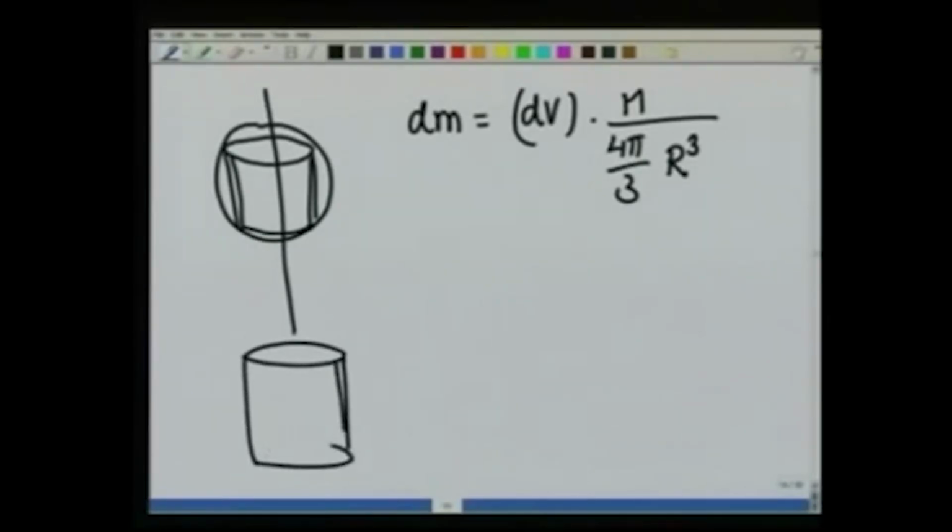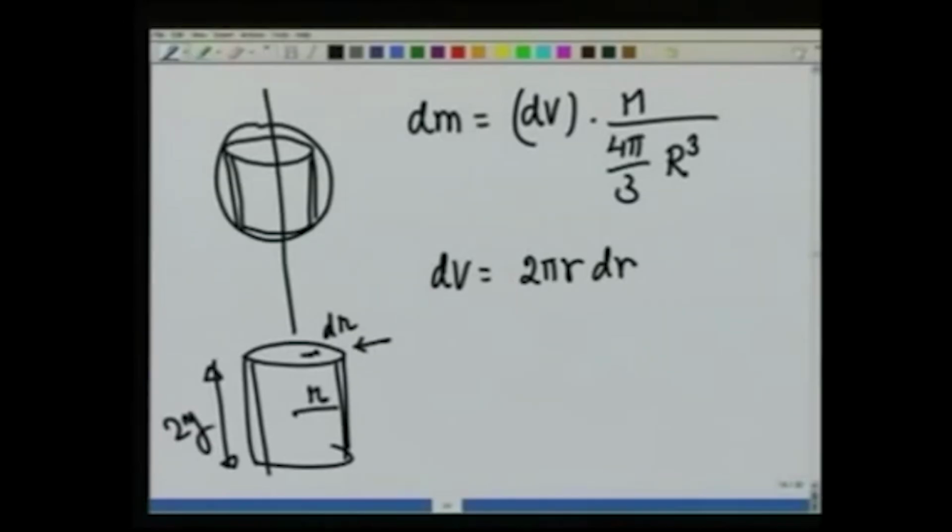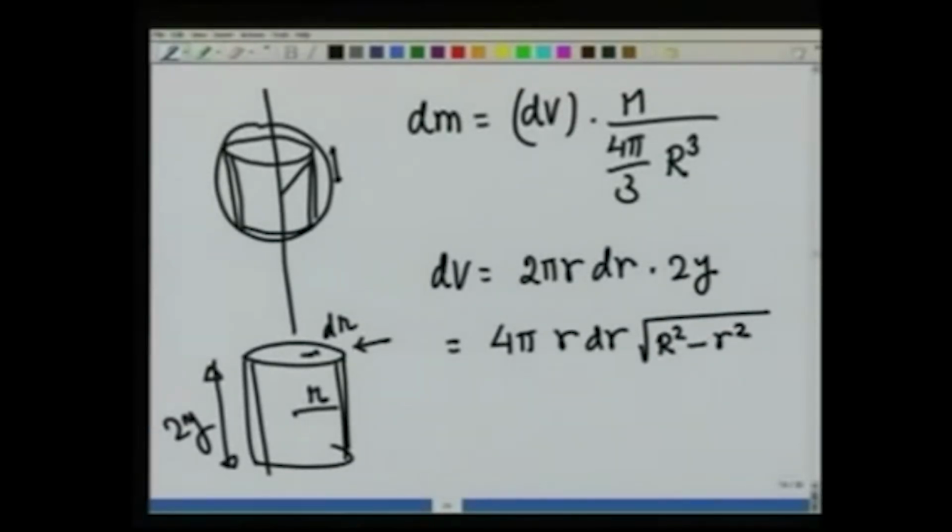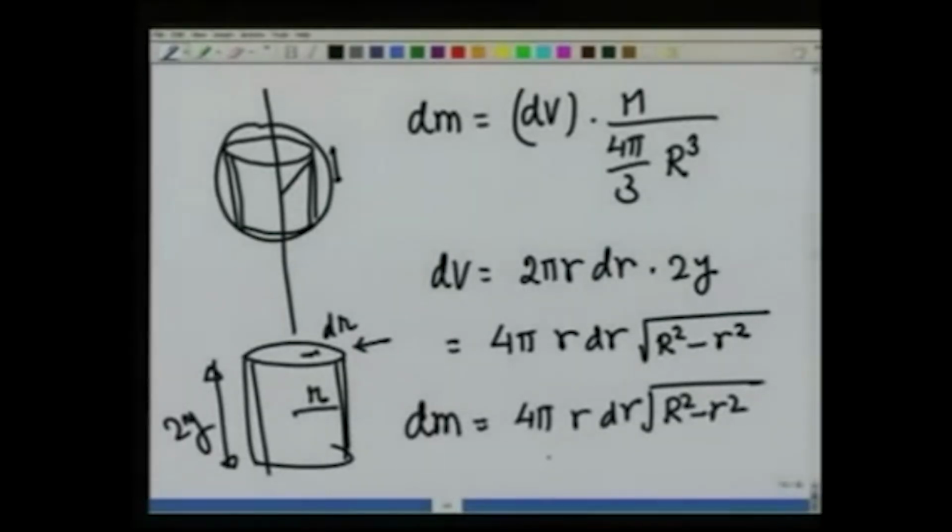The volume of this cylindrical shell, if I take this to be of radius r and thickness dr, is going to be dV equals 2 pi r dr, and this whole length, let us call it 2y, times 2y, where y is this height, which I can write as 4 pi r y dr. Y, as we calculated in the previous example, is going to be square root of R square minus r square, and therefore, the mass is 4 pi r dr square root of R square minus r square times 3m over 4 pi R cubed.